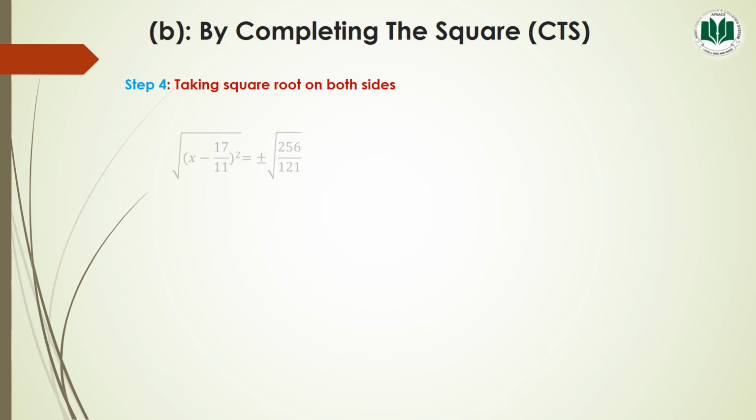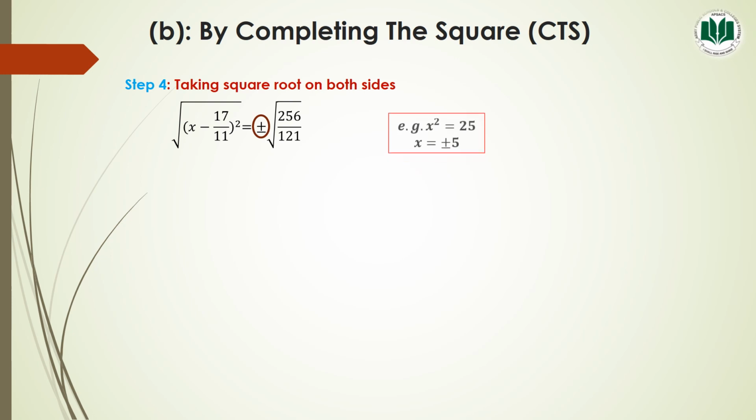And for that, we will take the square root on both sides of the equation. So there will be a plus minus sign on the right hand side. And you know that if x square is equal to 25, then x will be equal to plus minus 5, because equations of degree 2 will give you two values for the variable.